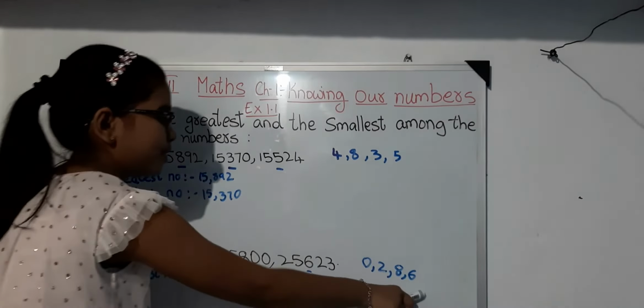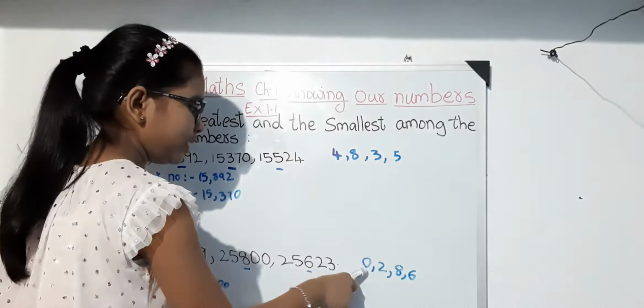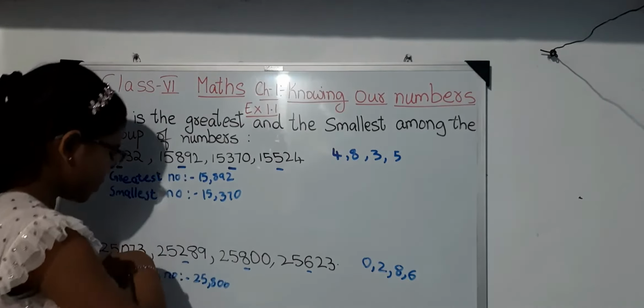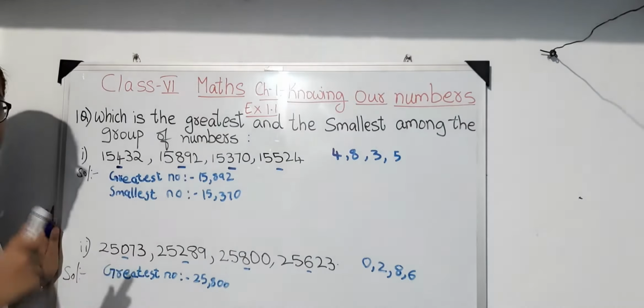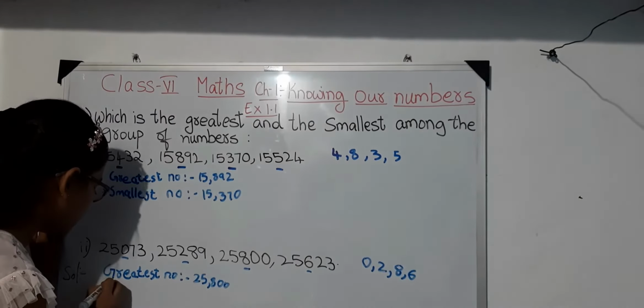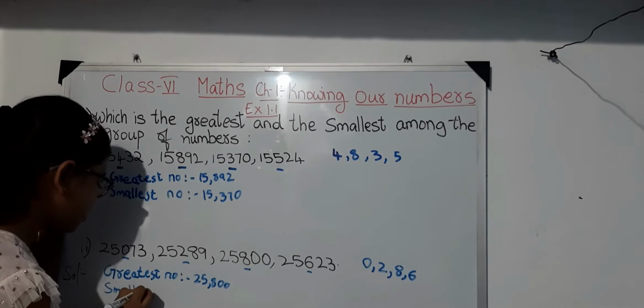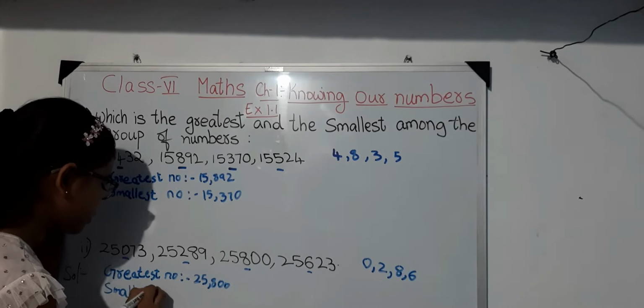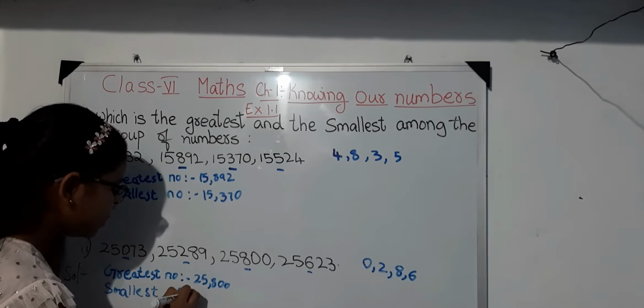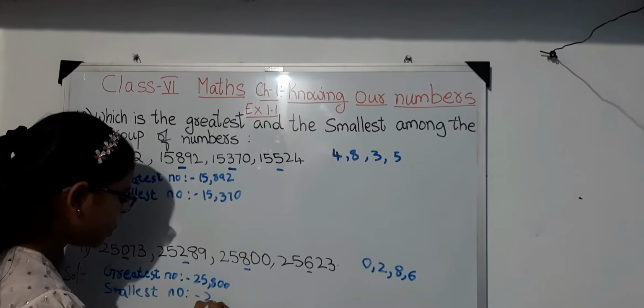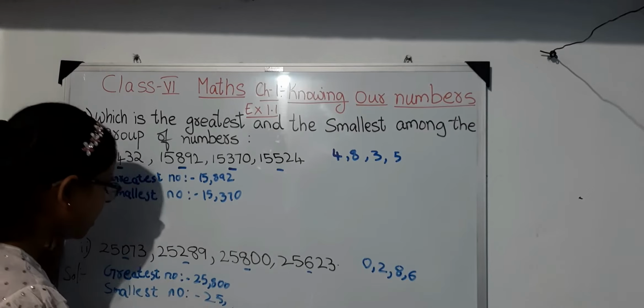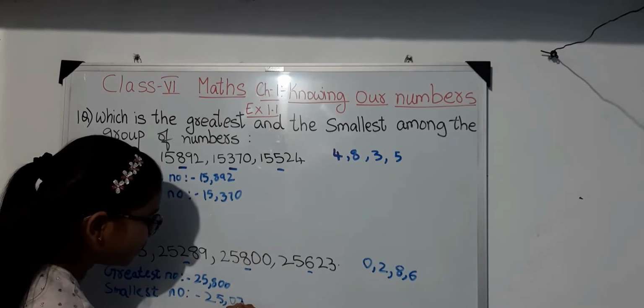Now in this, which is the smallest number? 0 is the smallest number. So 25,073 is the smallest number. Smallest number is 25,073.